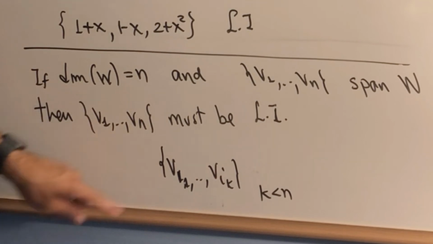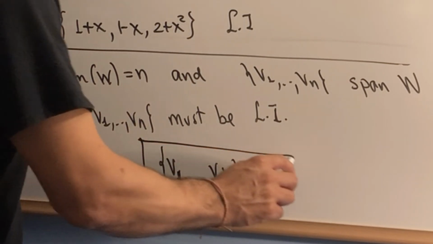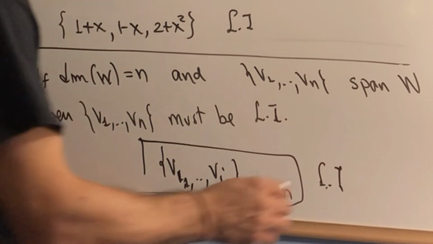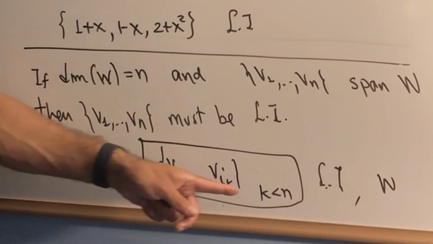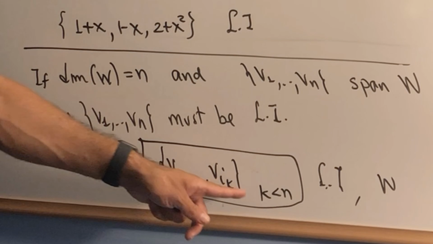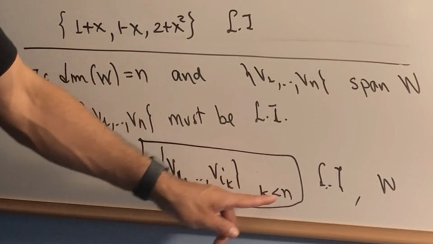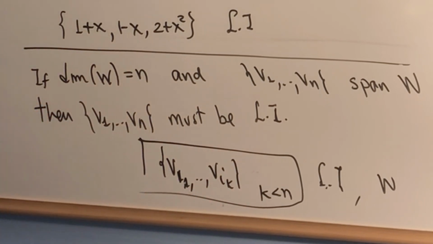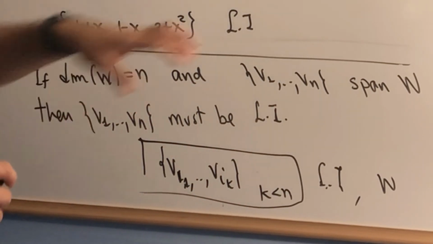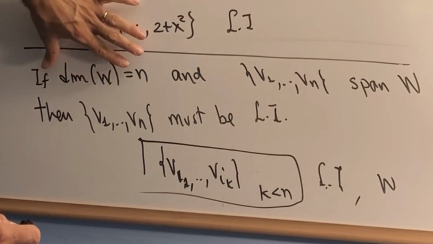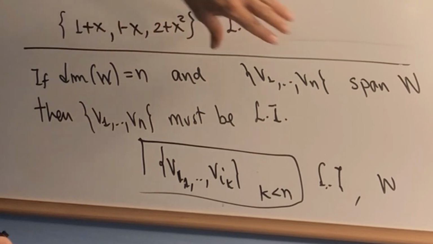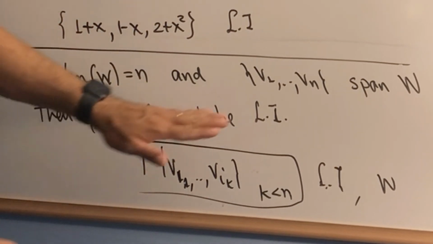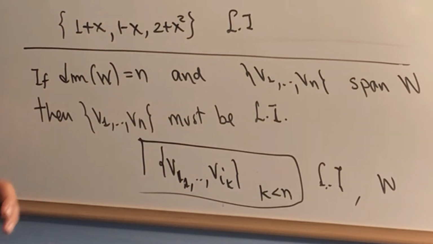But this is a contradiction because these vectors would be linearly independent and the span is also W. That means that this basis will have a smaller number of elements than the dimension of W. Therefore, if we know that the dimension of a vector space is n, and we know that some n vectors span the whole space, necessarily they must be linearly independent.